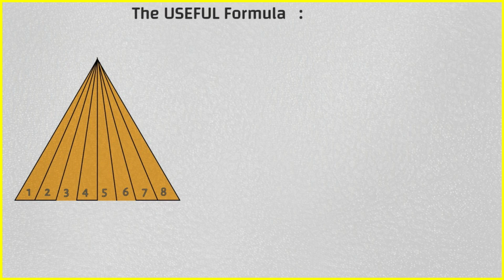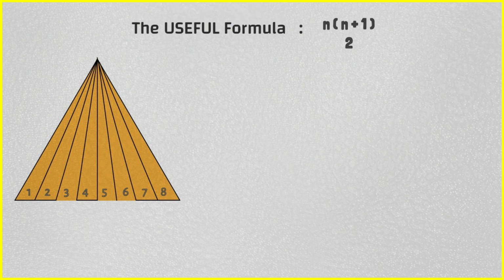And the formula is: n into bracket n plus 1 whole divided by 2. This is also the formula for the sum of natural numbers. As you can see, the method of 1 plus 2 plus 3, counting the smaller triangles on the base of the biggest triangle, is similar to adding natural numbers. So this formula works here correctly.